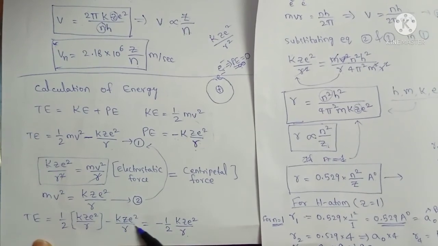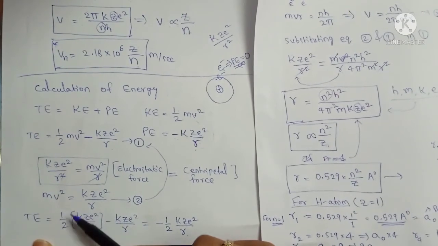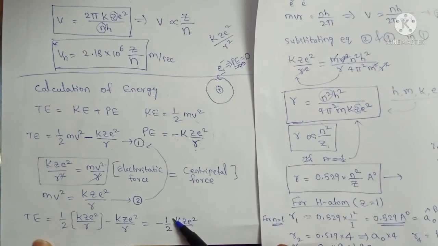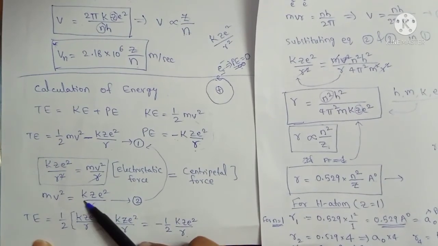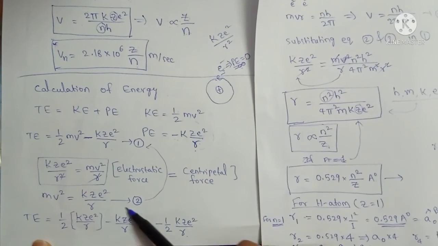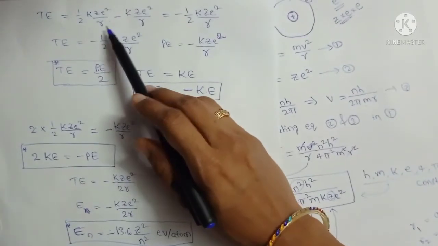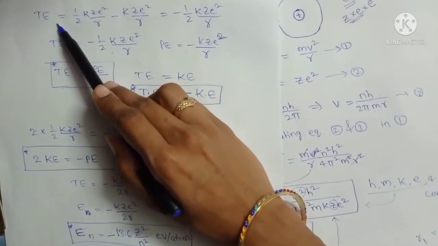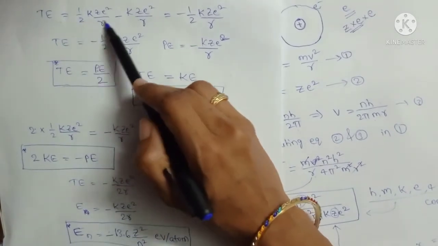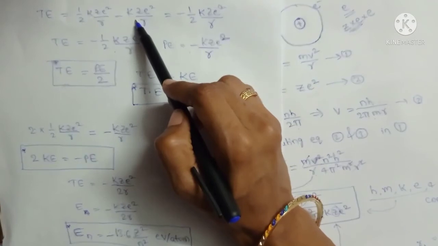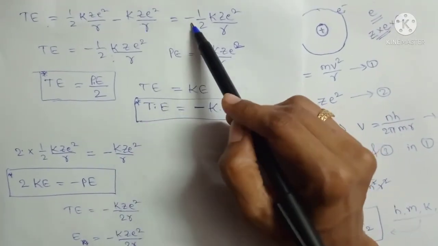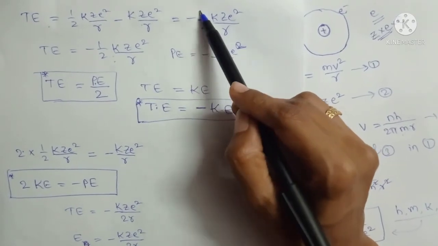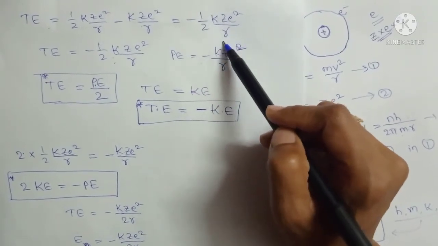By subtracting this value from this value, we get minus half kZe square by r. Here it is the kinetic energy part, and it is the potential energy part. So on solving this equation, we get my total energy as minus half into kZe square by r.